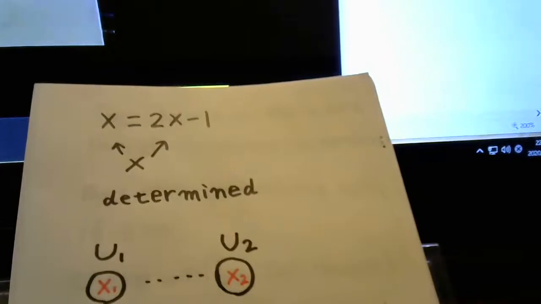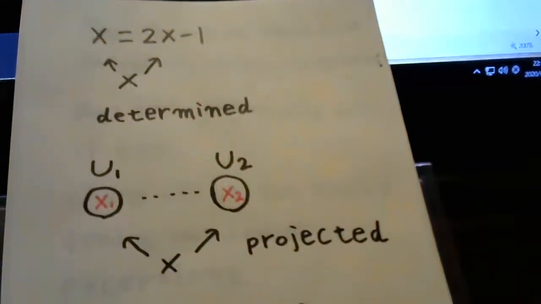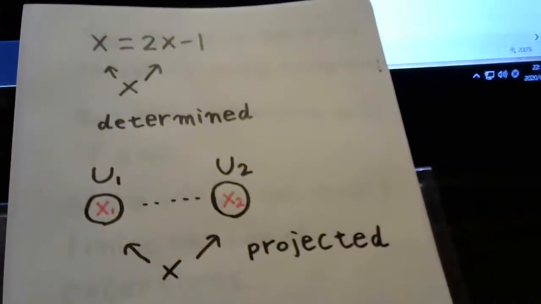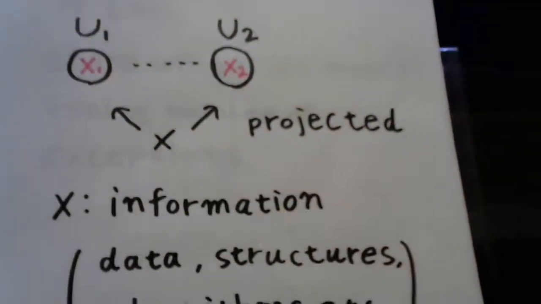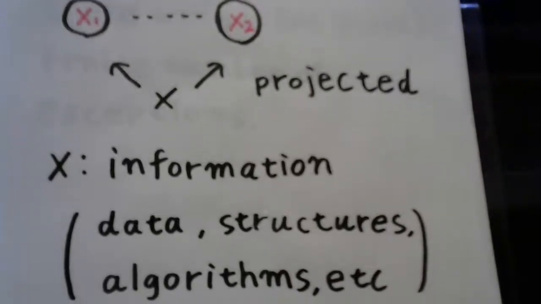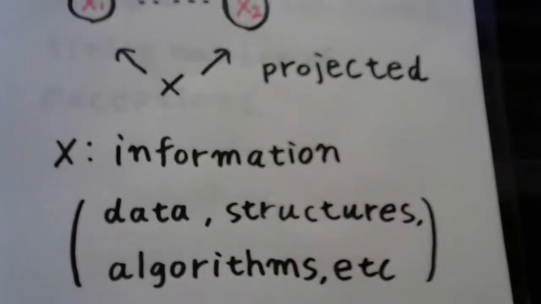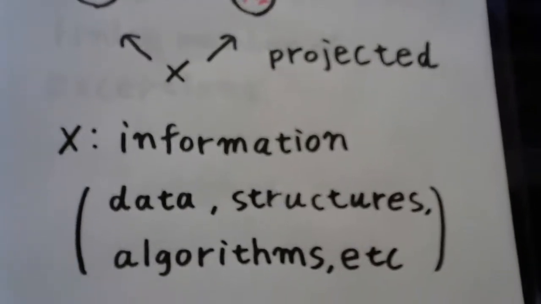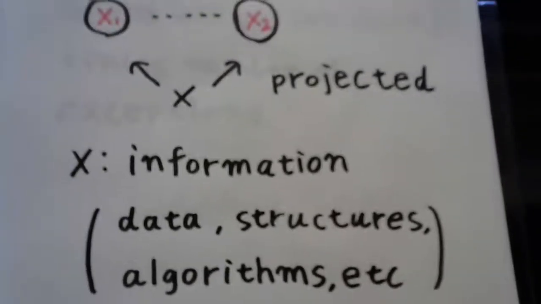Then we're going to do a similar thing. Suppose x is some information, like data or structures, or algorithms, and so on. X is such something.